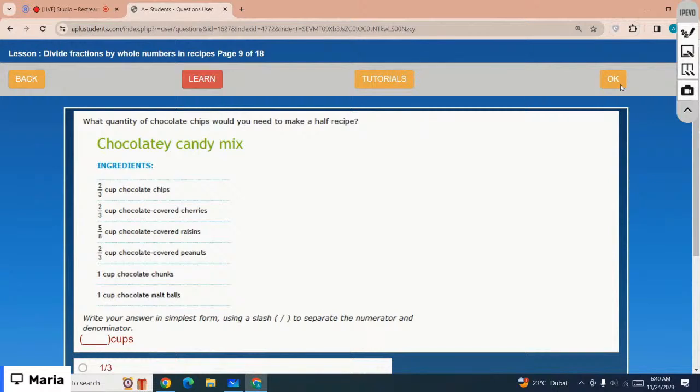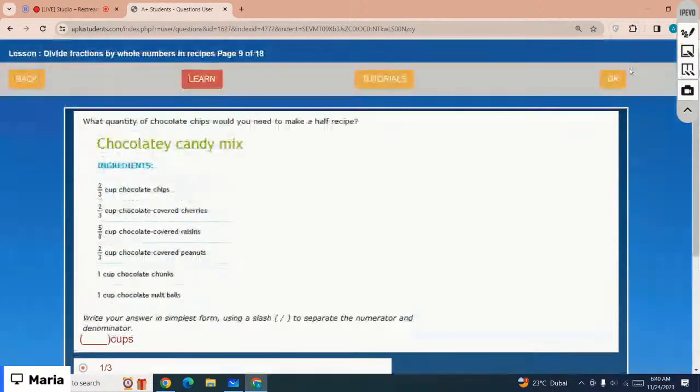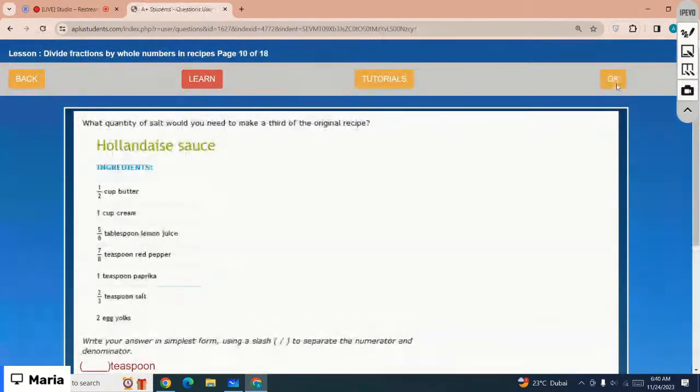So the correct option is 1 over 3. No, hold on. Half recipe of 2 by 3, that is 1 over 3. The correct option is 1 over 3. Yes, 2 by 6 or 1 by 3, they both are exactly the same.